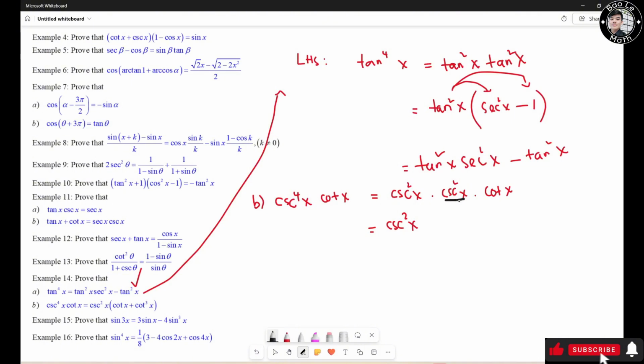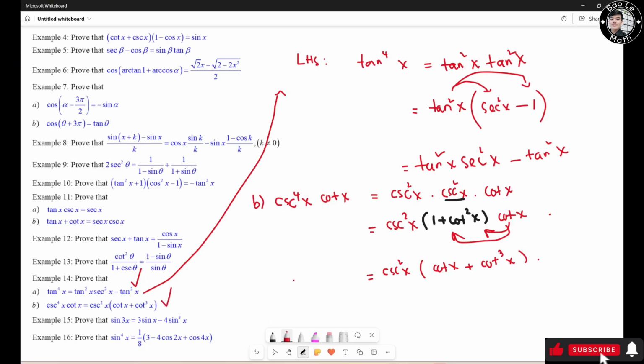Now for this cosecant square of s right here, turns out to be 1 plus cotangent square of s, and then multiply by cotangent s right here. So it's going to be cosecant square of s times cotangent s plus cotangent cubed of s. So question B right here has been proved.